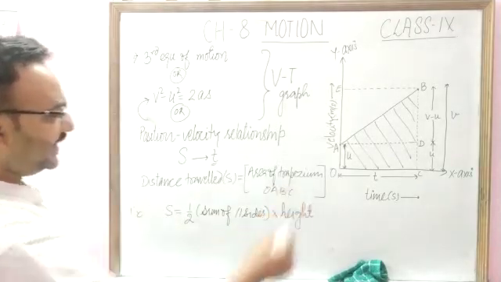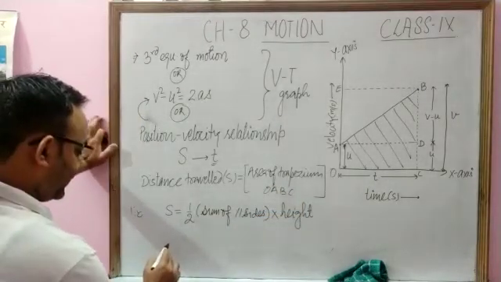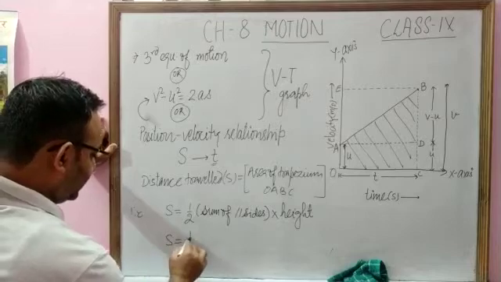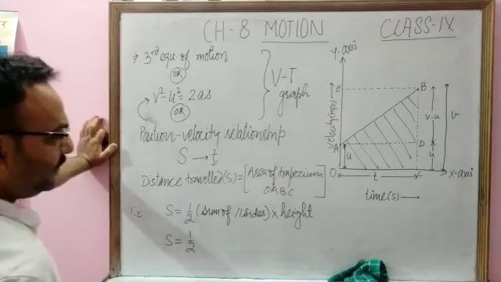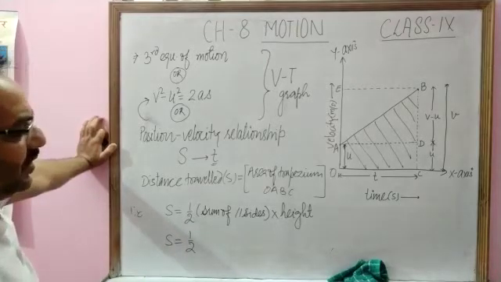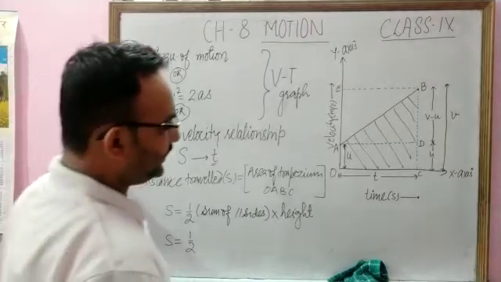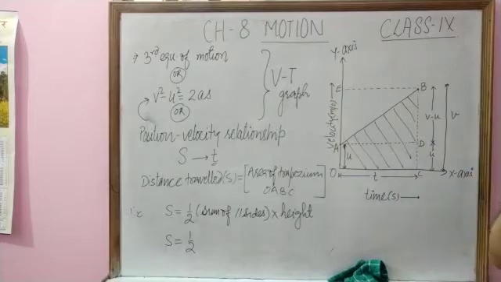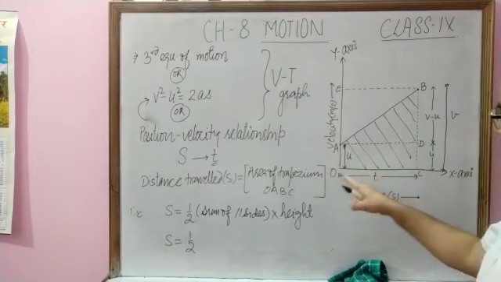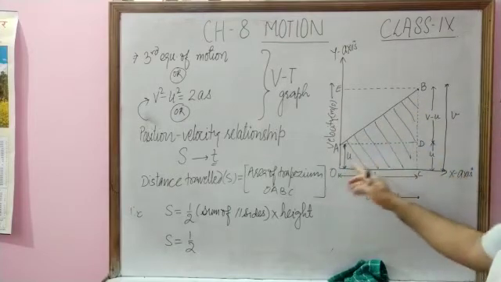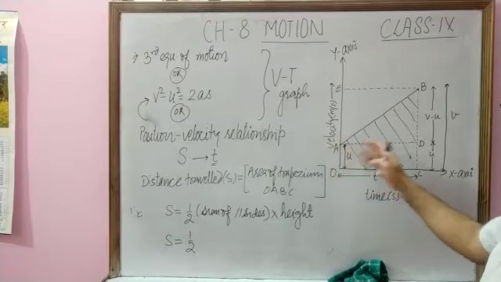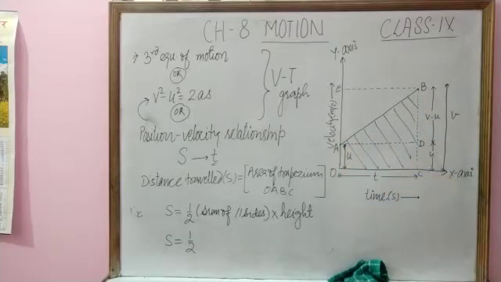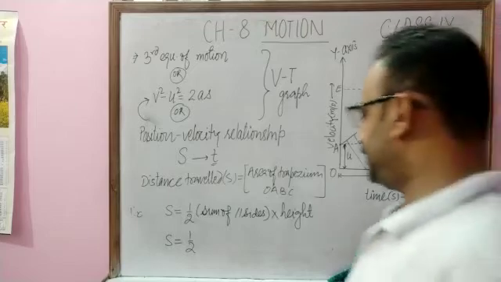So as per the diagram, S is equal to half of the sum of parallel sides. In the diagram, in trapezium OABC, OA and BC are the two parallel sides.